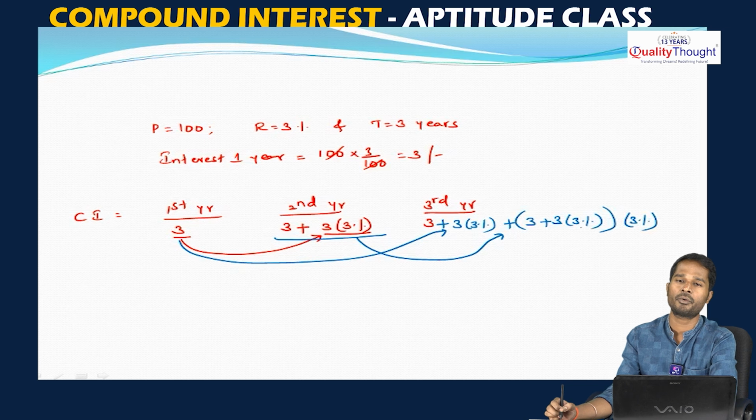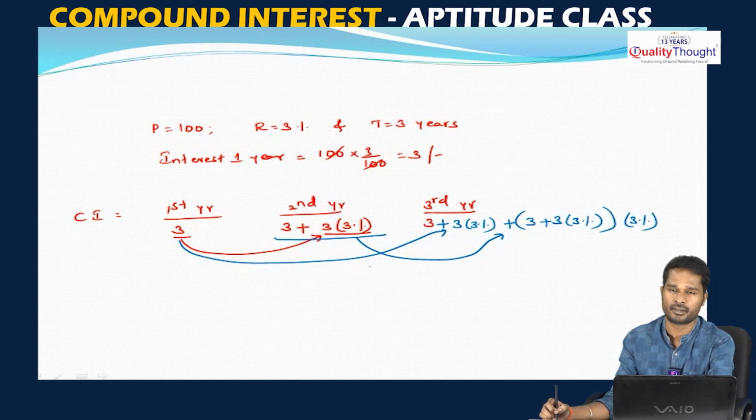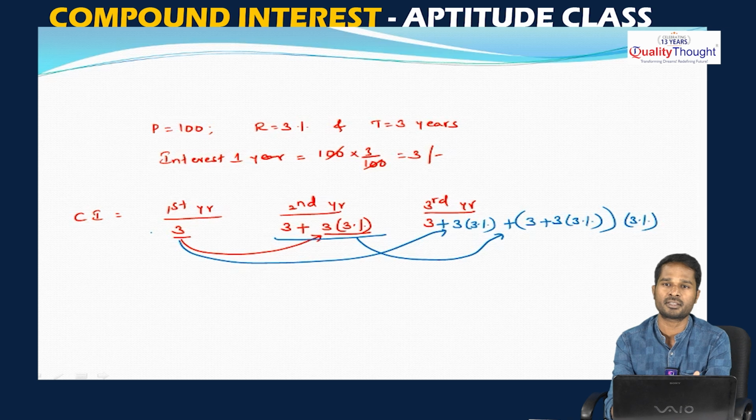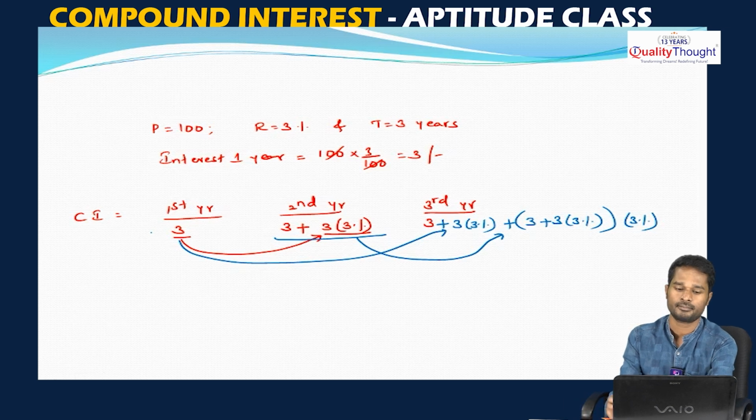So this is how the compound interest is calculated. That means the interest will be calculated again on the previous year interest. See, in simple interest we have just written 3 rupees, 3 rupees, 3 rupees for the years, but here you need to take the extra interest on the previous year's interest also. So this is the main thing we need to consider in calculating the compound interest.